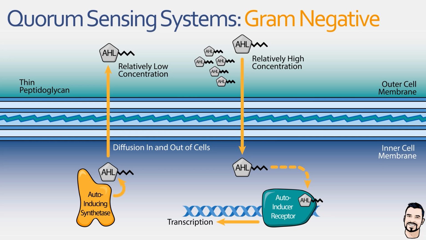This leads to changes in gene expression, and again, just as we saw with the gram-positive system, there is typically a positive feedback loop where the response regulator upregulates both acyl-homoserine lactone production and its own signaling components, ensuring a rapid and synchronized response across the bacterial population.